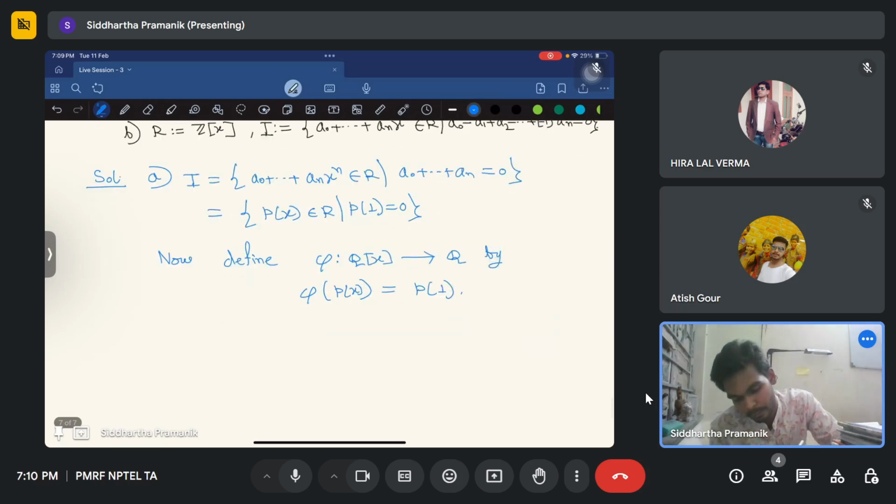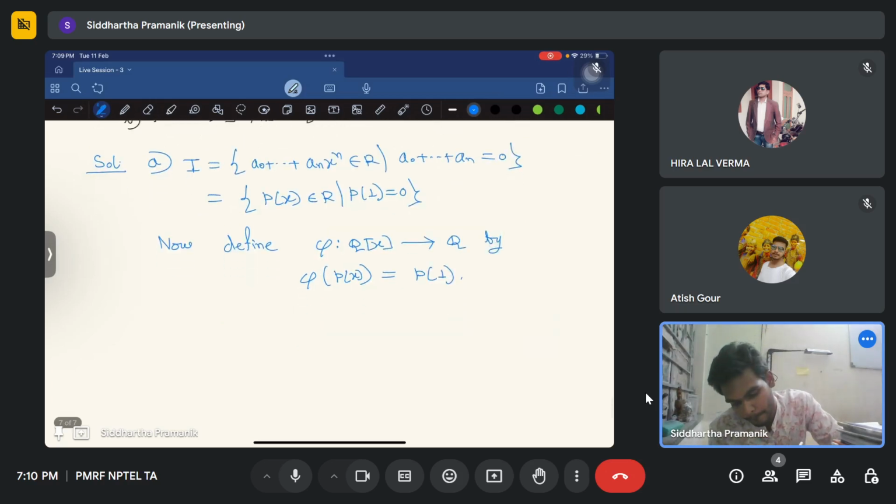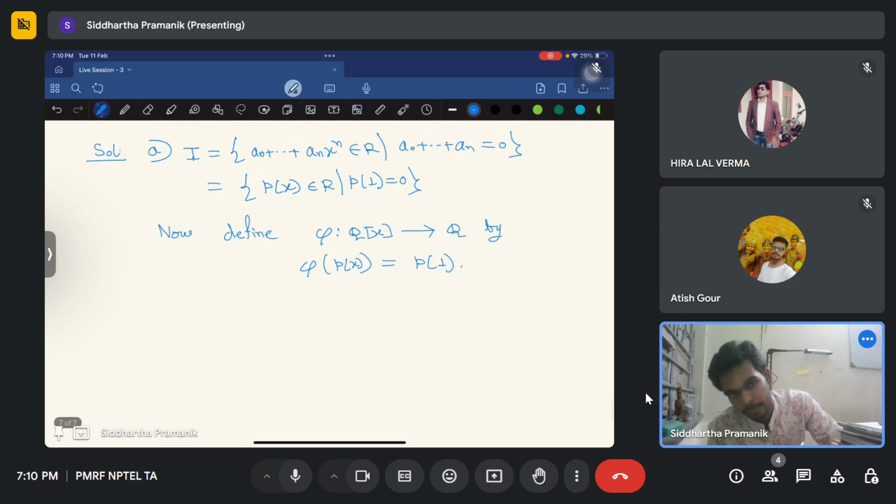Okay, so then this is a task for you, that check that phi is a surjective ring homomorphism.